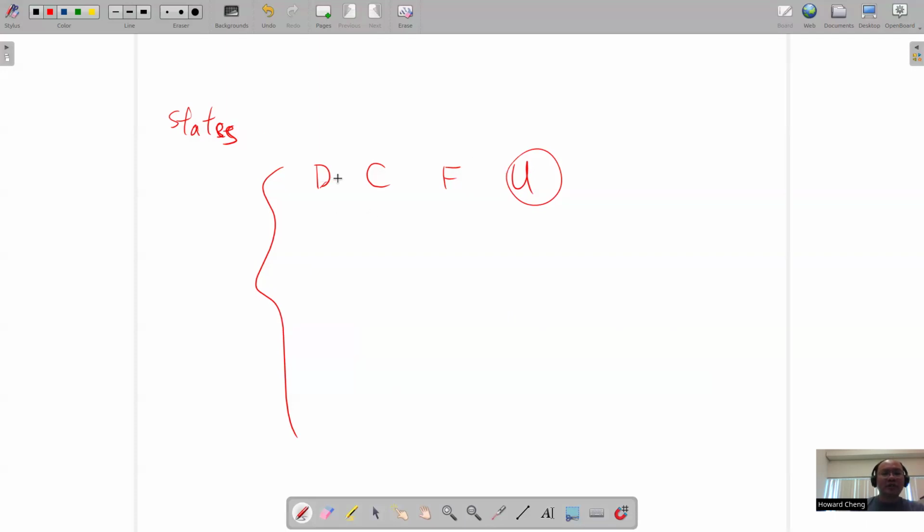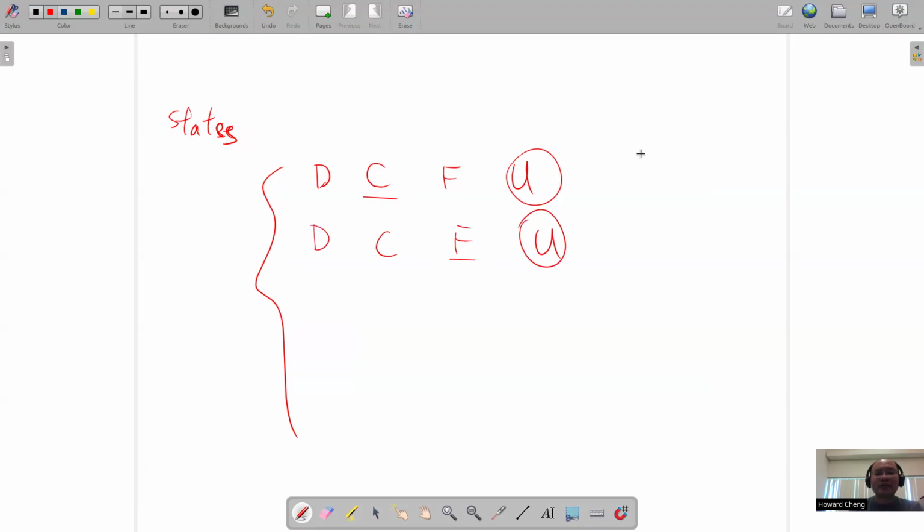Some states, no matter what you do, C will win, the one that you want, I think. I don't remember which one is which, it doesn't really matter. And in some states F will always win. Those you just can't do anything about.